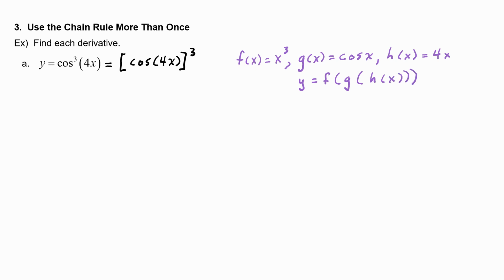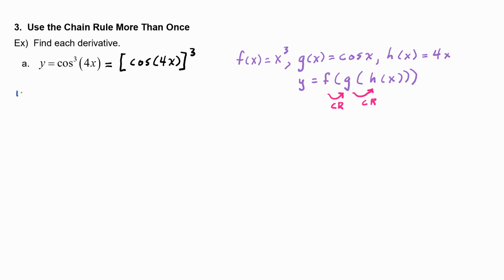And each of these layers has to have a chain rule. So as we go from f of x to g of x, we're going to be applying a chain rule. And when we go g of x to h of x, we're going to have to apply a second chain rule. So let's see how this will work.